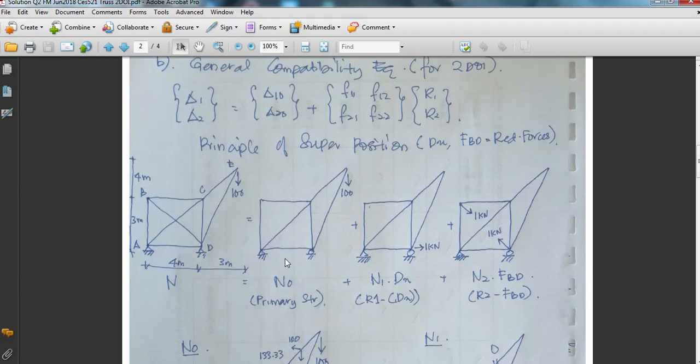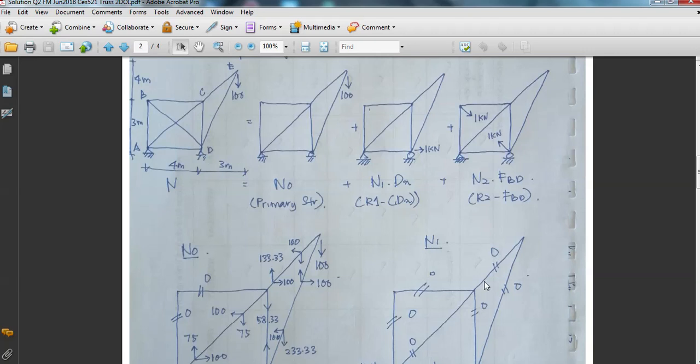How to calculate this axial force? You can use the method you have learned from the previous semester. You can use the joint method to determine the internal forces N0, N1, N2.